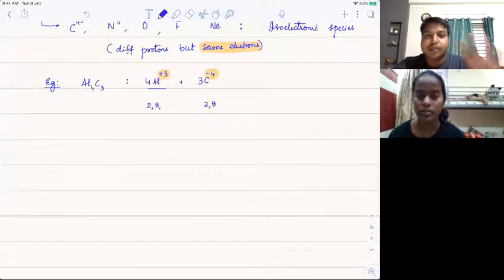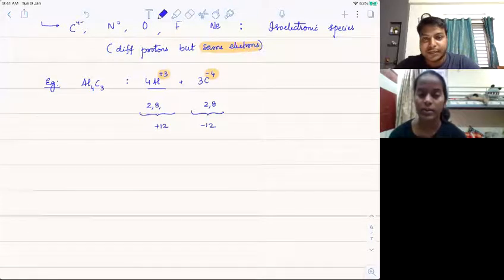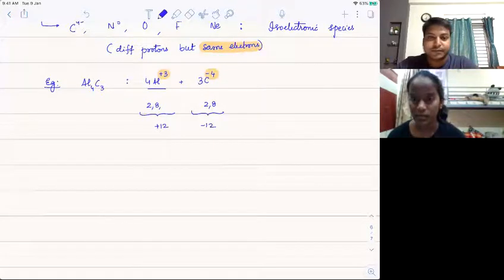The overall charge of a molecule should always be balanced. You can see the overall charge here is +12, and the overall charge here is -12. It is balanced. So for every salt, every molecule, the charge of the positive species and the charge of the negative species should always be balanced.